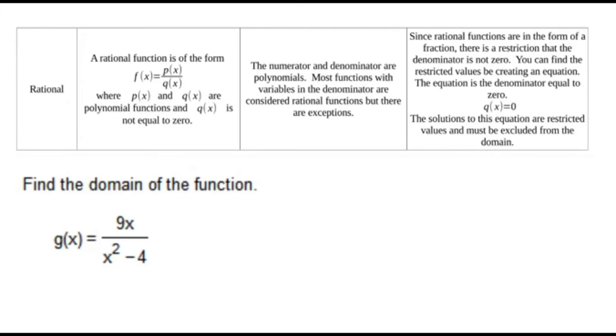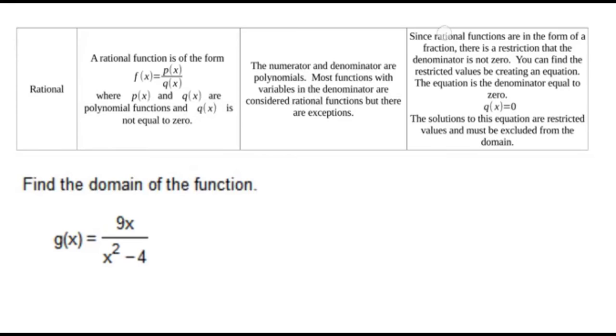And those polynomial functions are nice functions where the power on the variable is a whole number. So also right here it mentions that q of x is not equal to 0, and the reason for that is what we discussed just a moment ago, that division by 0 is undefined. So we can't allow that denominator to equal 0.